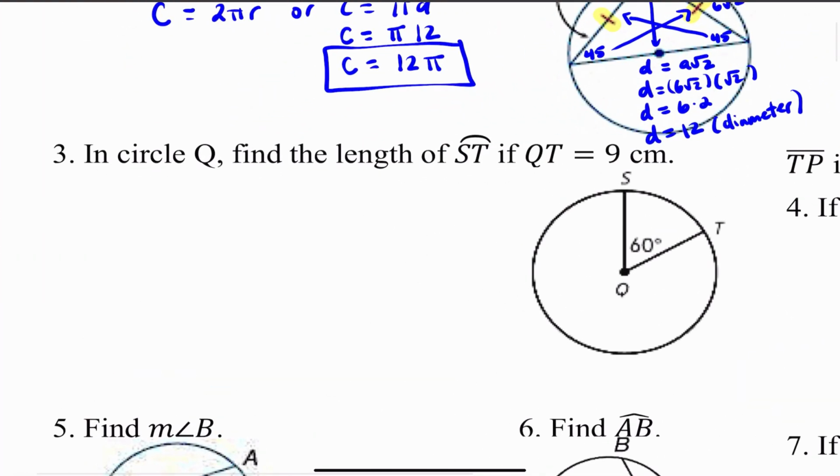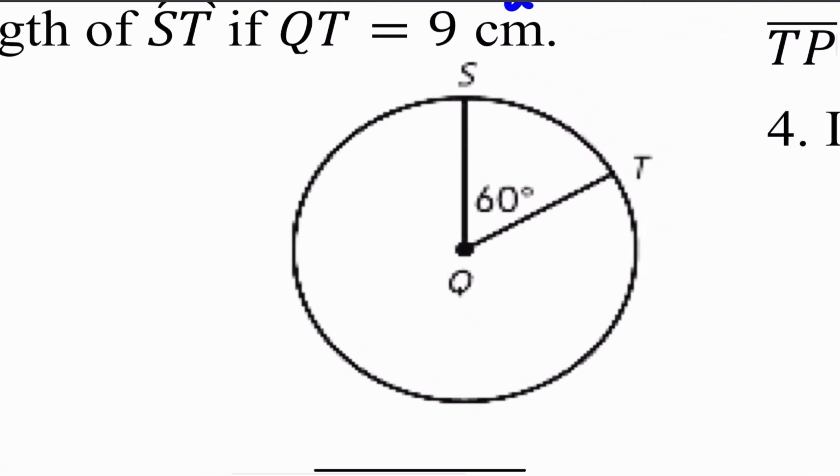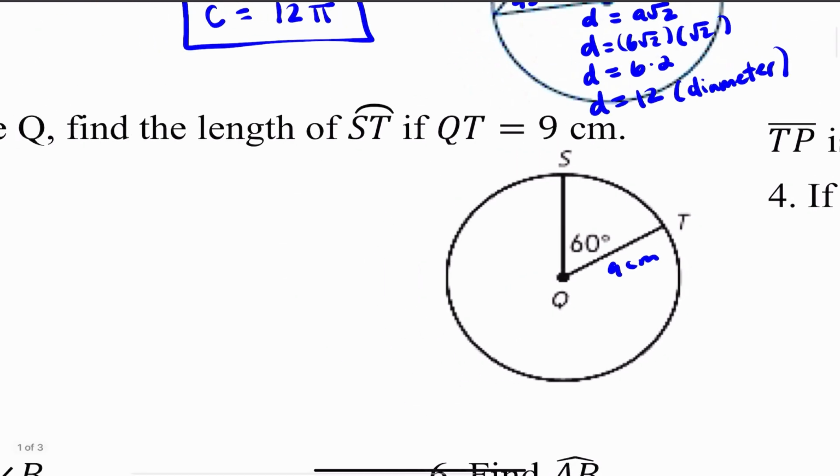Alright, number 3. In circle Q, okay, so we can assume that the center point is Q. Find the length of arc ST if QT is 9. So here's QT. This here is 9 centimeters, by the way. And we're given the central angle, and I'm trying to find the length.